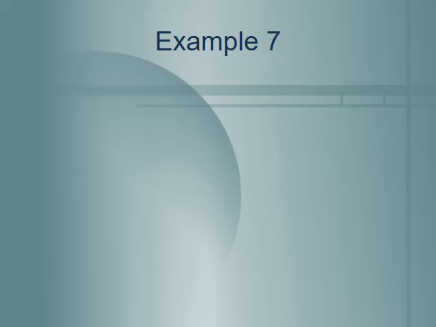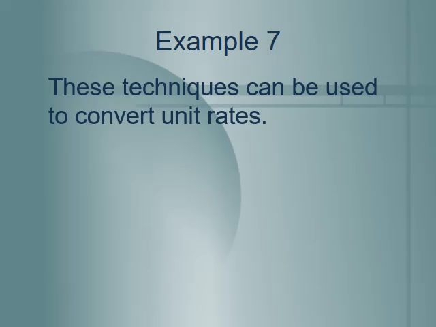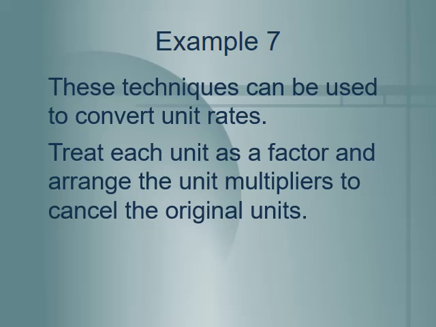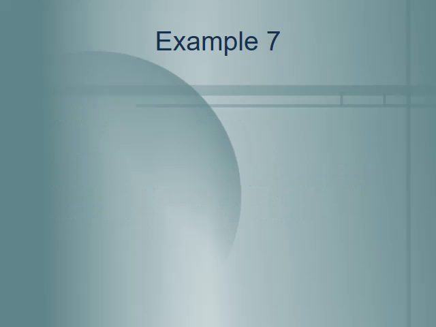Now we're going to look at how we can use this to convert a number with a certain rate into a different rate. You just treat each unit, each rate as its own factor, and you cancel out what you can.